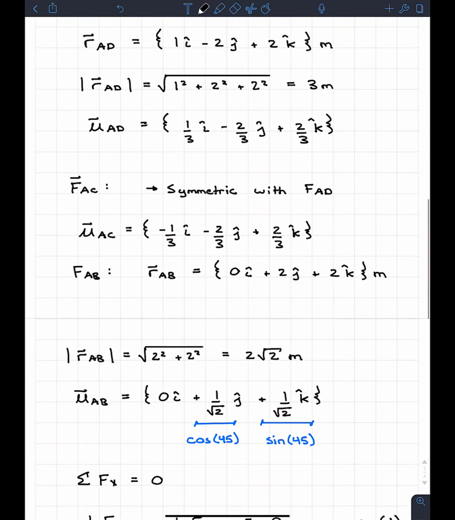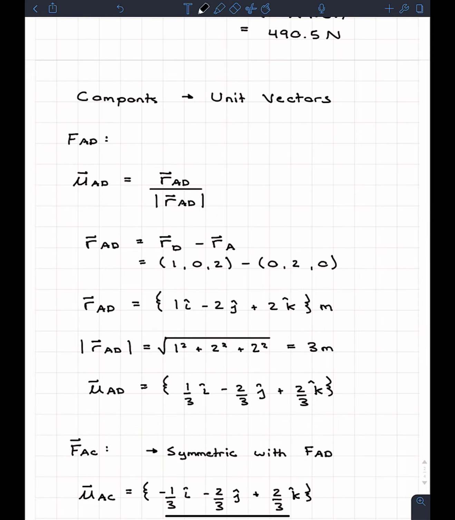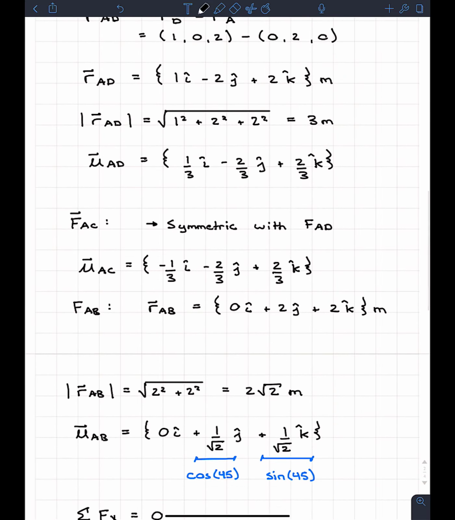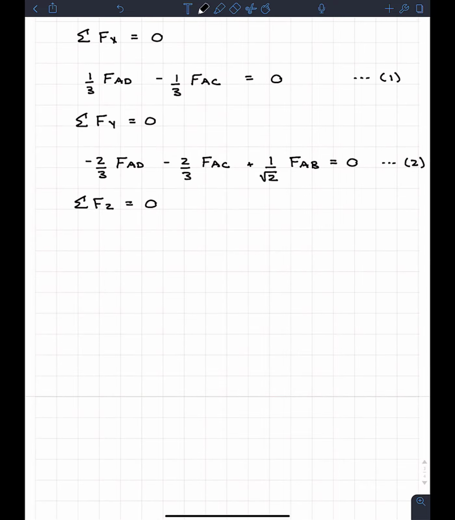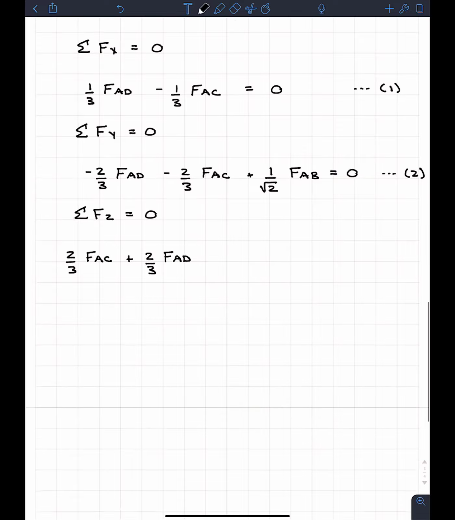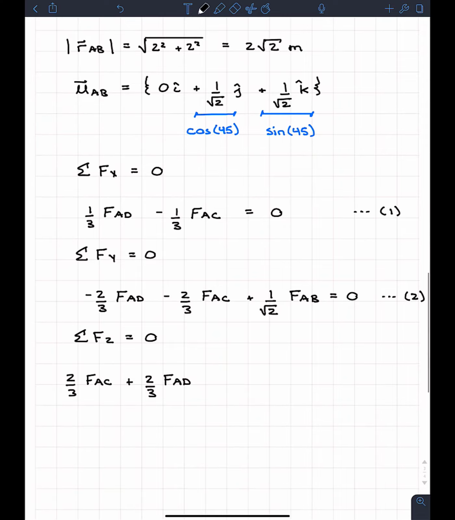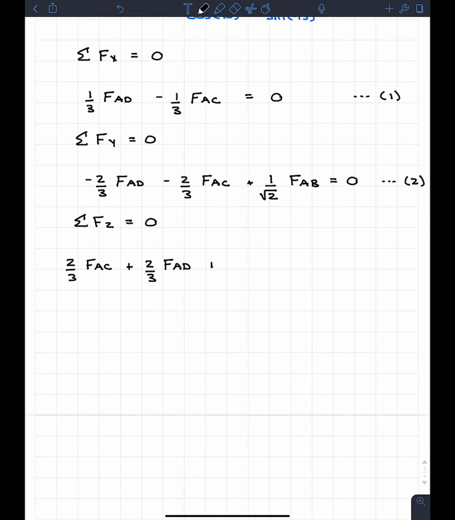Now the final one, the sum of the forces in the z direction is equal to 0. Let's go all the way up to the top. For UAD and UAC, we have 2/3. So we're going to put 2/3 of FAC, plus 2/3 of FAD. And if we look up for AB, we got another plus 1 over root 2, and this is FAB.